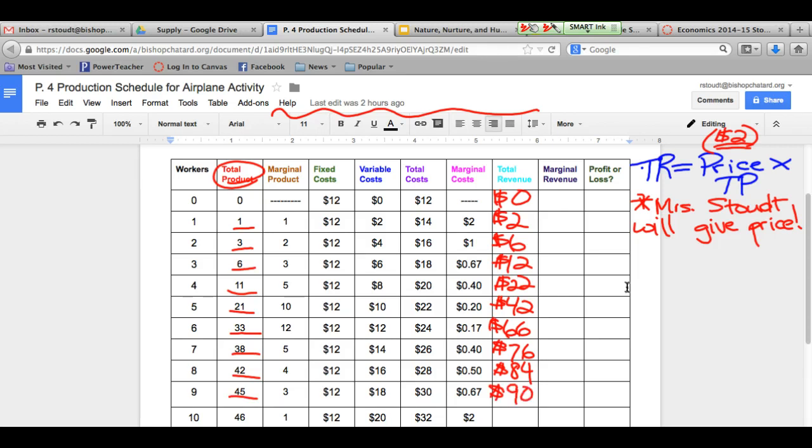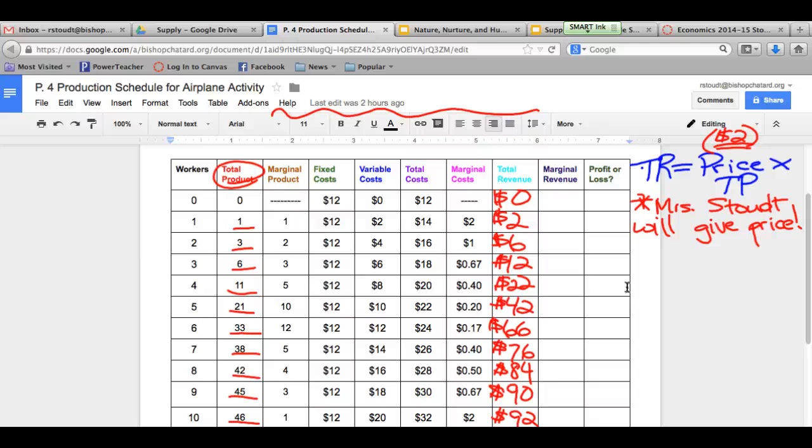At 10 workers, we're taking 46 times 2 to get 92. And at 11, we're taking 43 times 2 to get 86. All right, so that's our total revenue. Remember, total revenue is the total amount we get from selling all of our airplanes, selling all of our products.